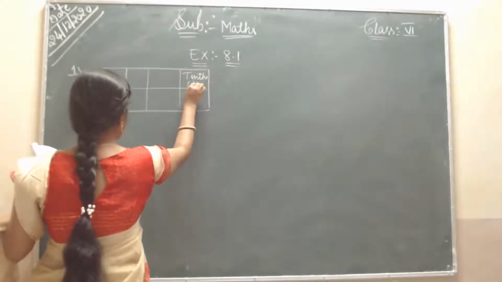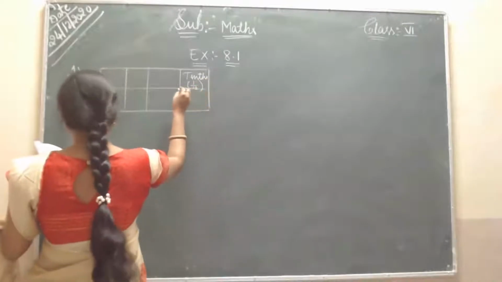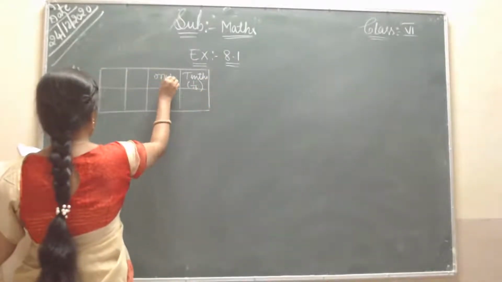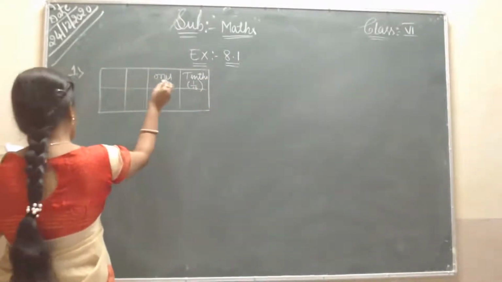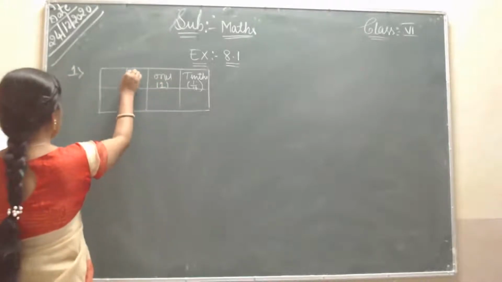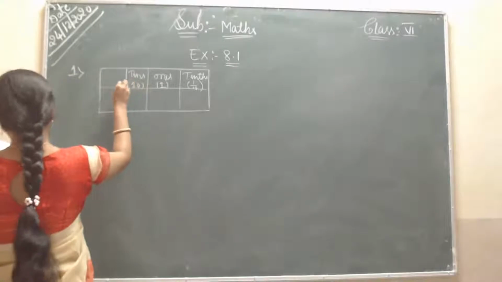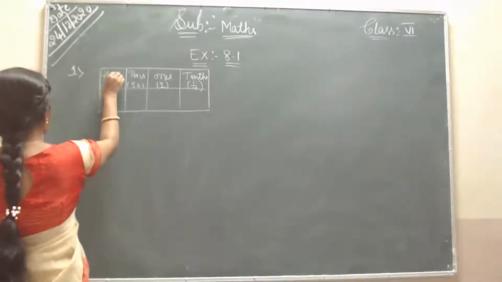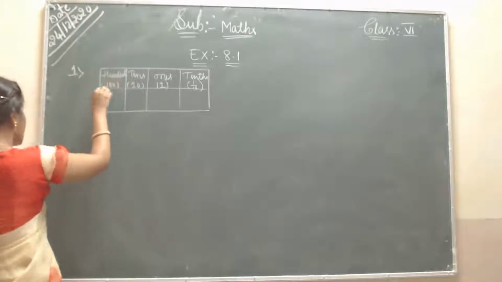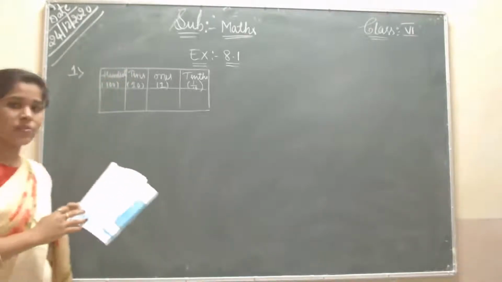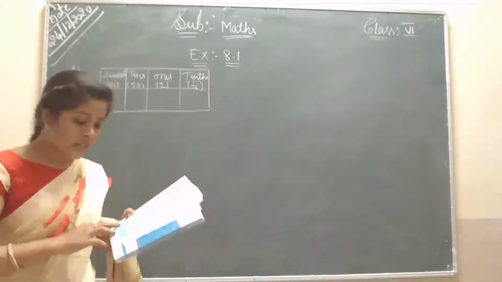Tenths means 1 by 10. Ones, 1. Tens means 10. Hundreds means 100. This is the place value chart. With the help of these figures, we have to substitute values in this table.